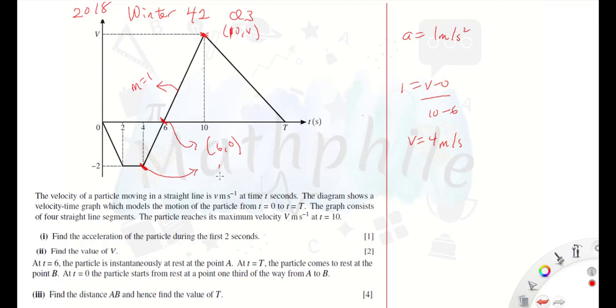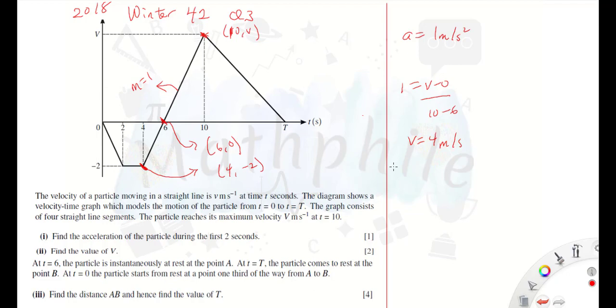So this coordinate is actually 4 and -2. But still we need to find a gradient. So the gradient from this side to this side will be 1, and we use that and we're going to get the same answer. You can try that and see. Is that okay, please? Okay, that is very good.